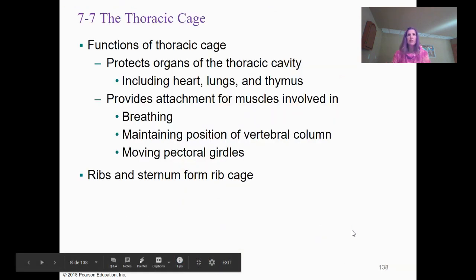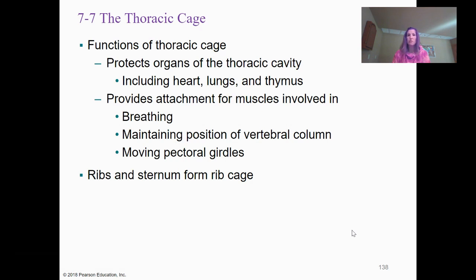So your thoracic cage is going to protect all of the organs, so your heart, your lungs, your thymus. The thymus sits right on top of the heart, and it's really important because it makes our T cells, which are part of our immune system.